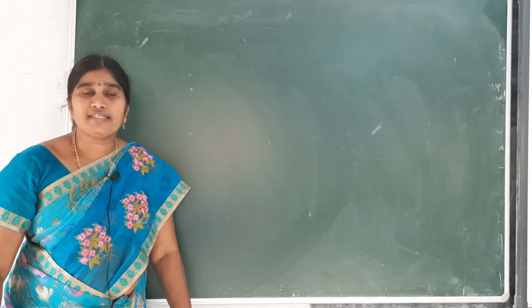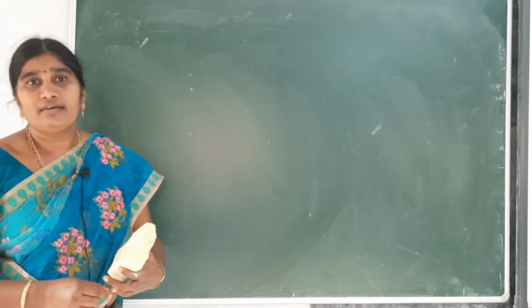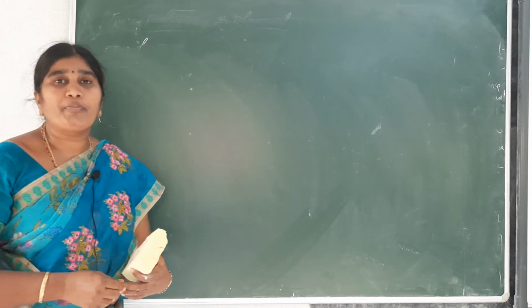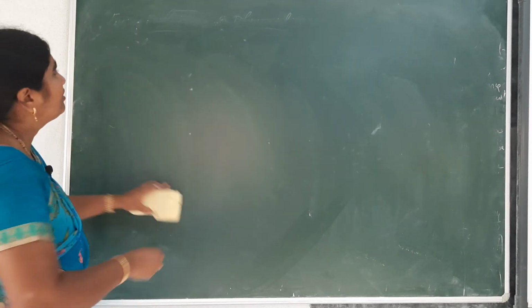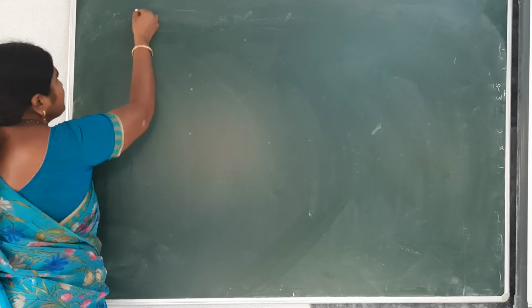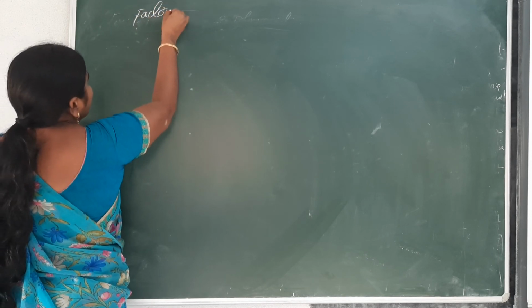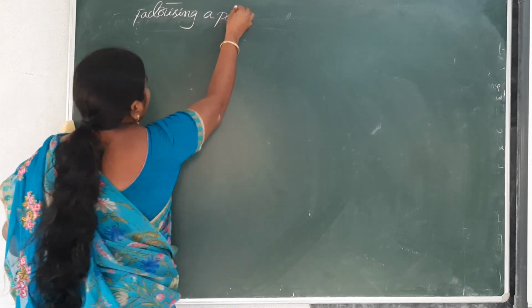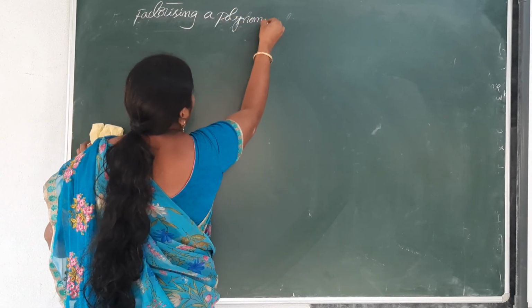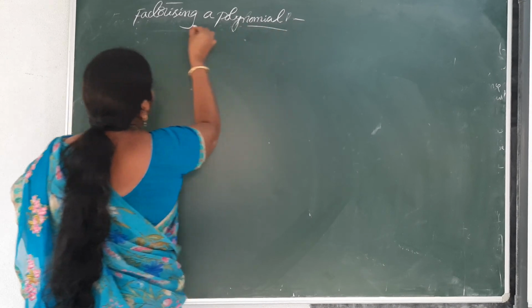So far we have discussed zero of the polynomial, remainder theorem and problems based on them. Today let us see factorizing a polynomial.